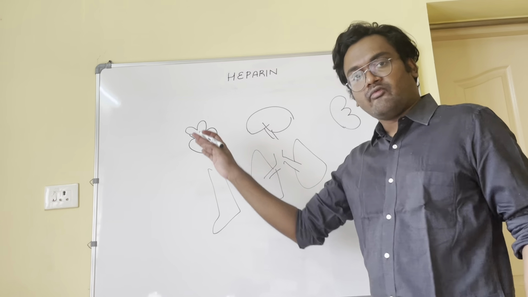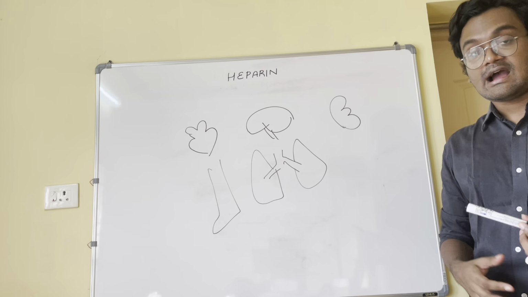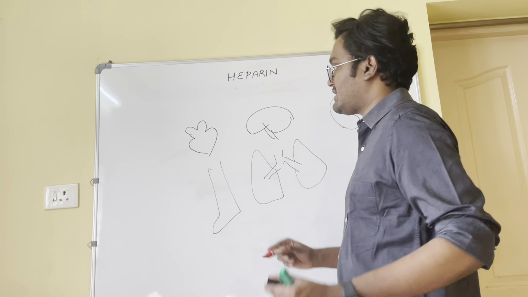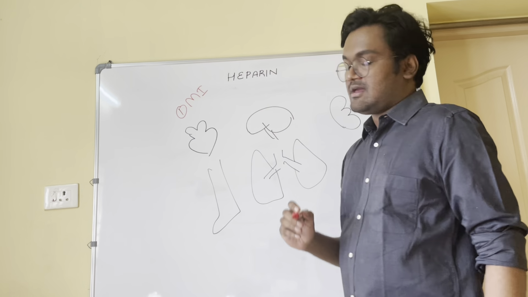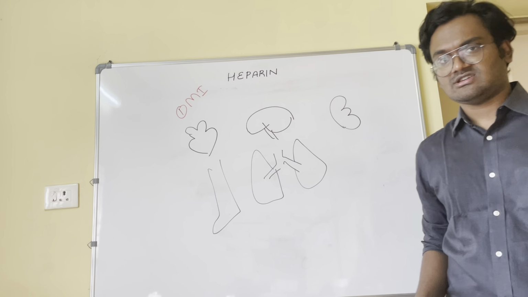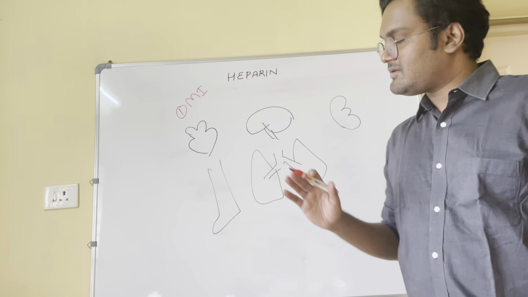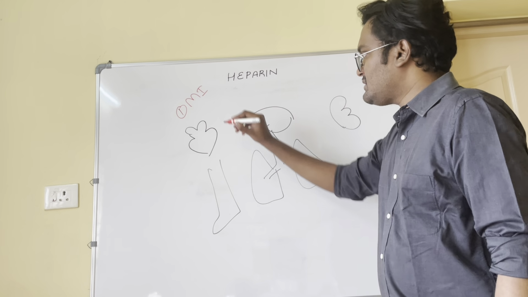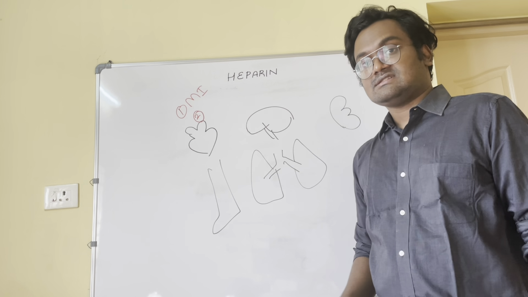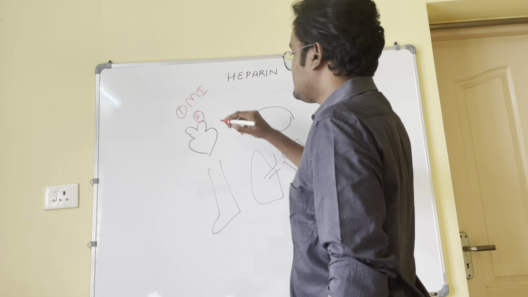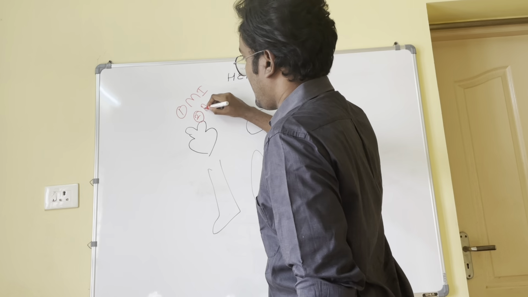Basically, what are the cardiac indications of heparin? First thing you have to remember is MI. In non-ST elevation MI and ST elevation MI, you can always use heparin. Second is AF.